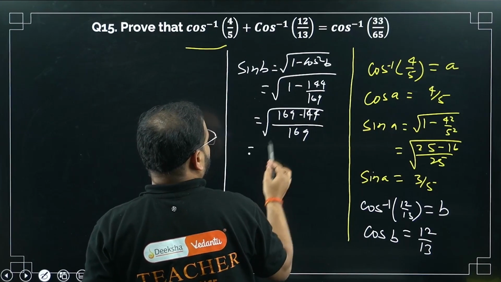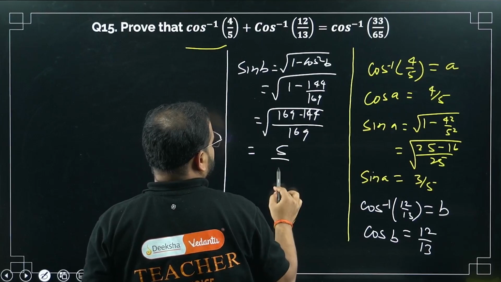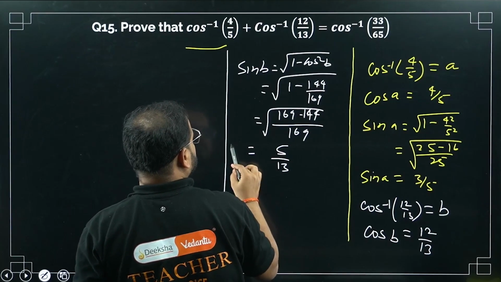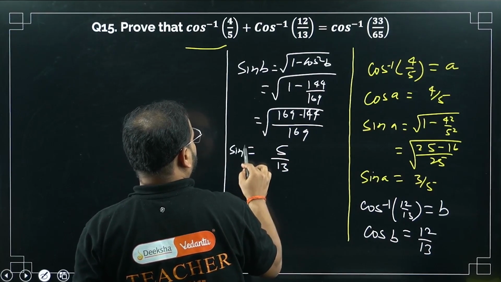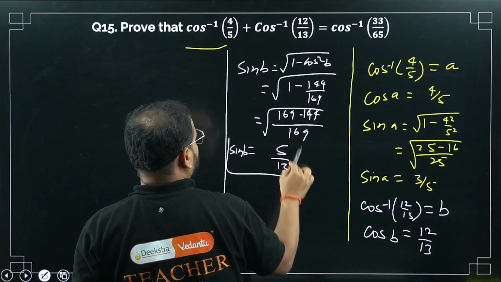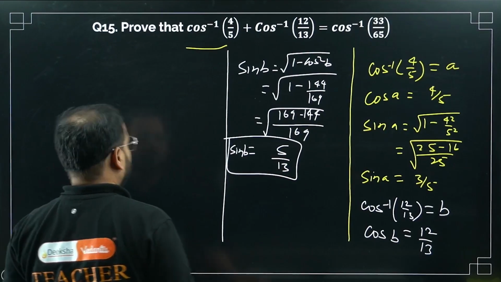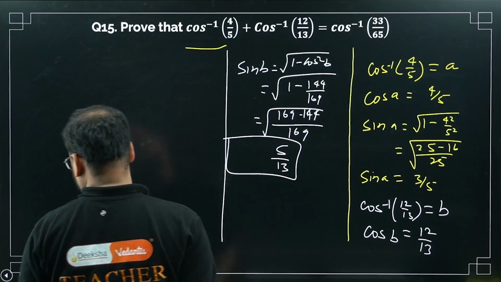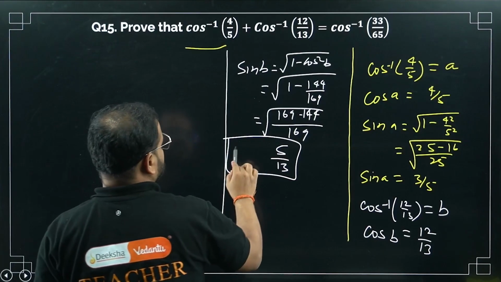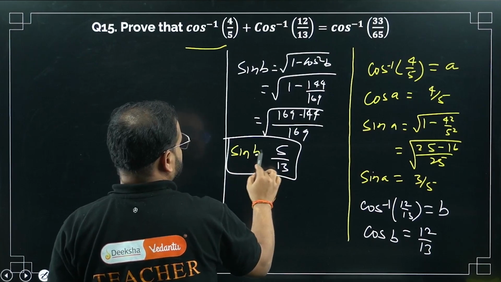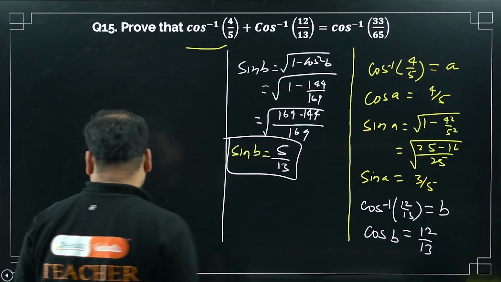How much is that? 25. Root is 5, and this is 13. This is my sin B value. Sin B value is how much? 5 by 13. This is sin B, bacha. Okay. Now check this out.